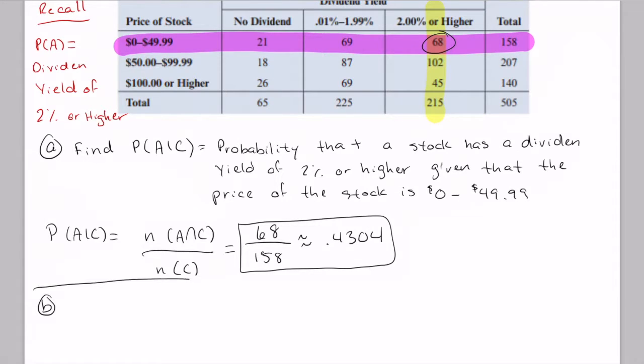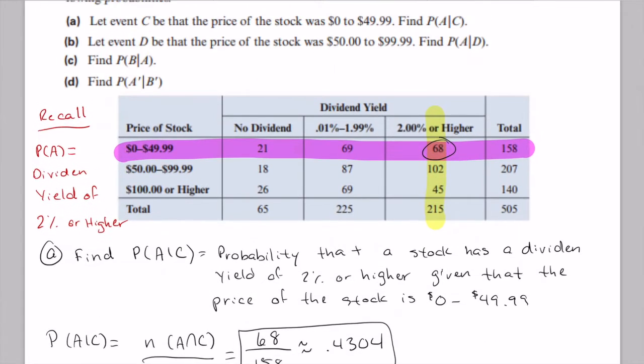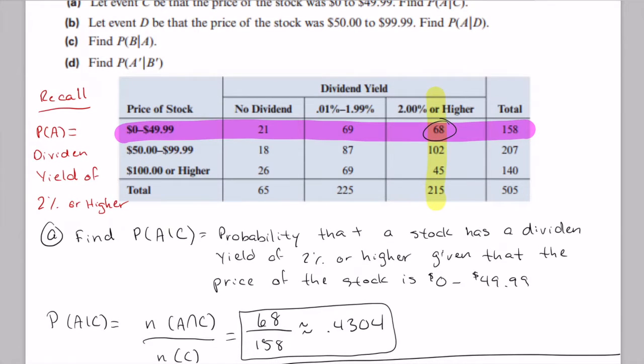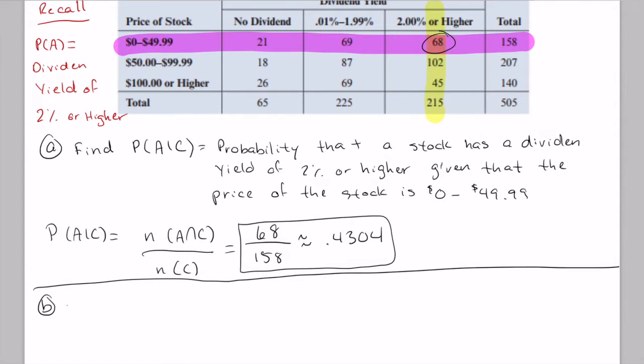So B. Let event D be that the price of the stock was 50 to 99.99. Find P of A given D. So this is going to be equal to A intersection D over D. Okay.